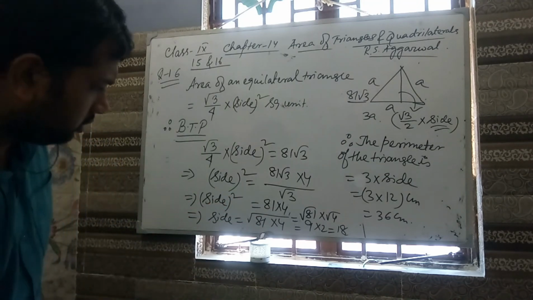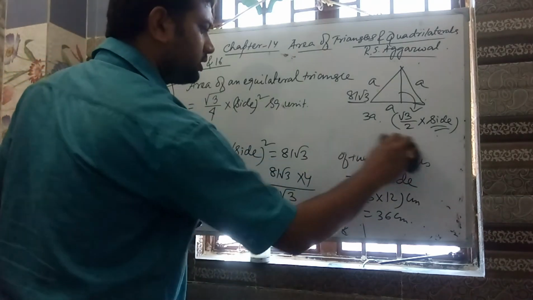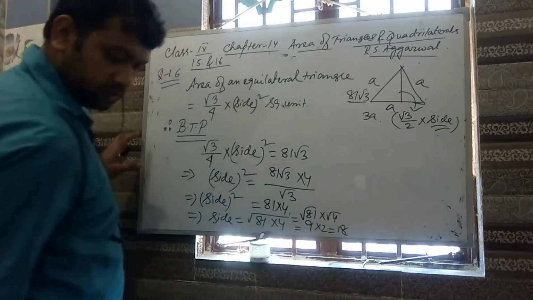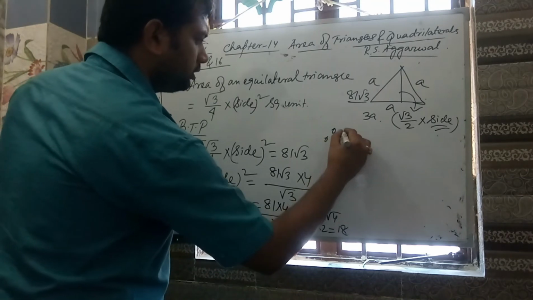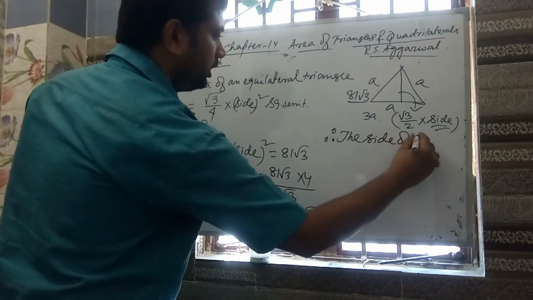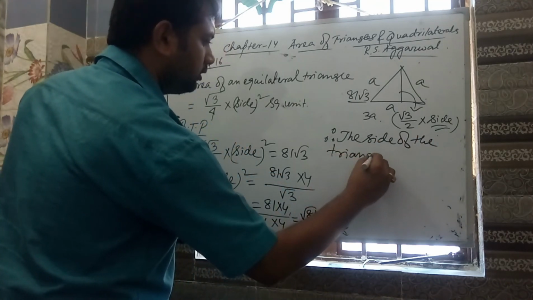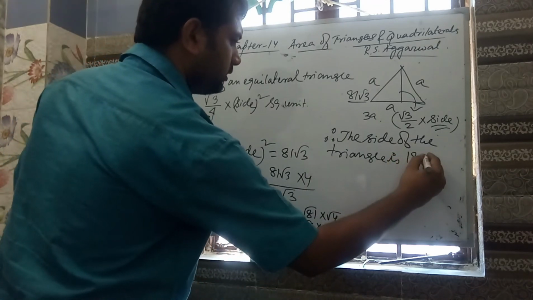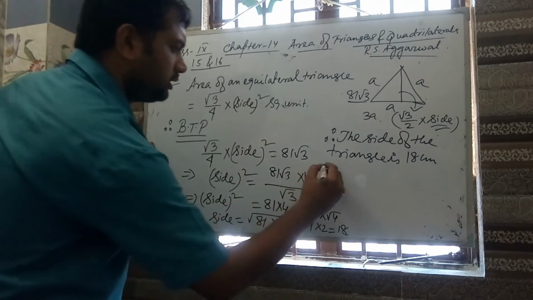Okay. So write down, therefore, please mute yourself. Therefore the side of the triangle is 18 centimeter. Therefore, what will be the height?